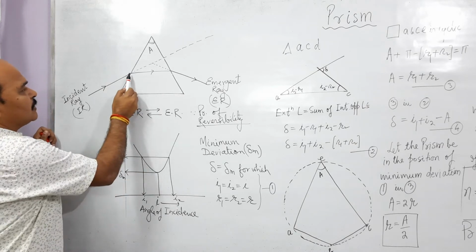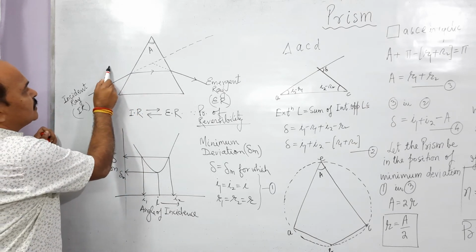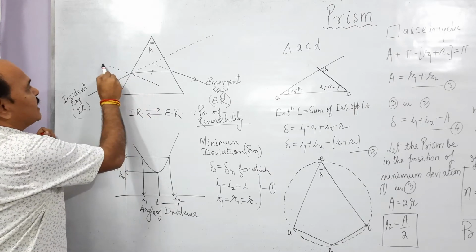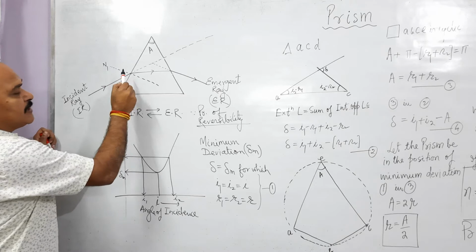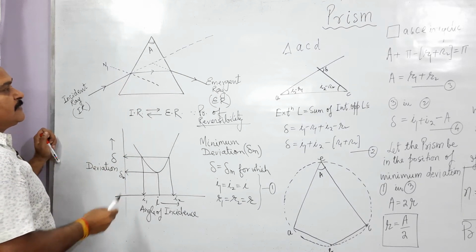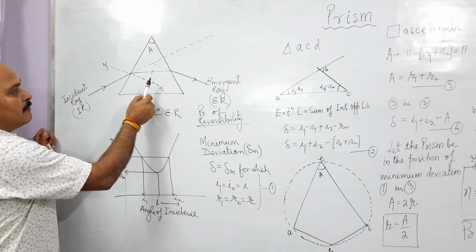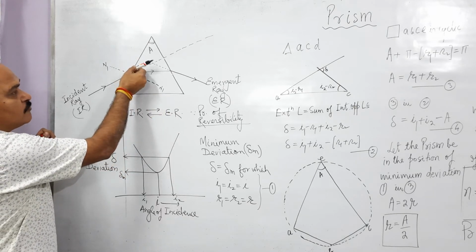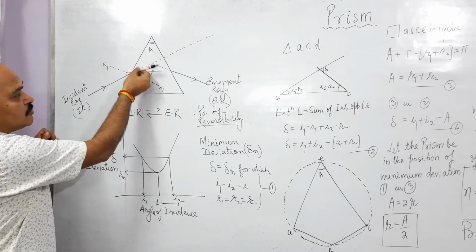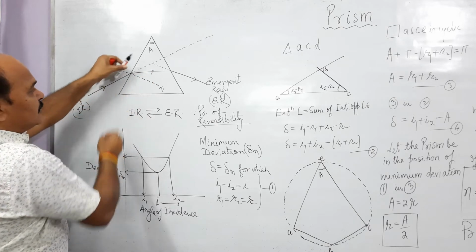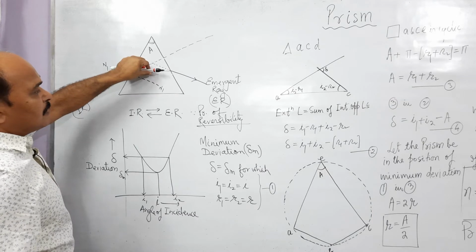Where is the normal here? We have to draw the normal like this. This is normal, say N1, at this point of incidence. The ray of light is going to bend towards the base. It moves from rarer to denser medium, therefore it moves towards the normal.